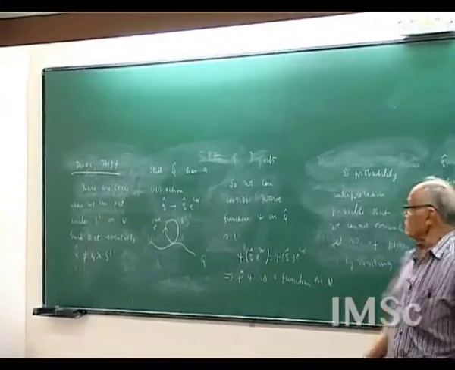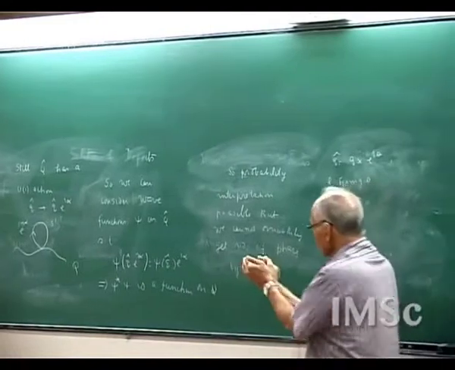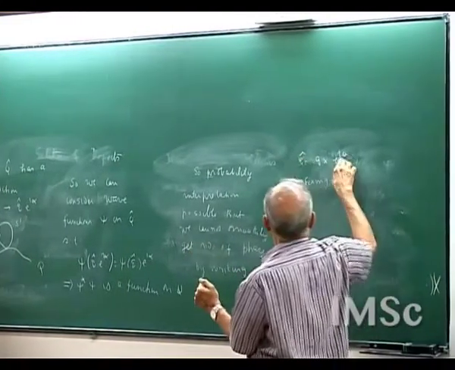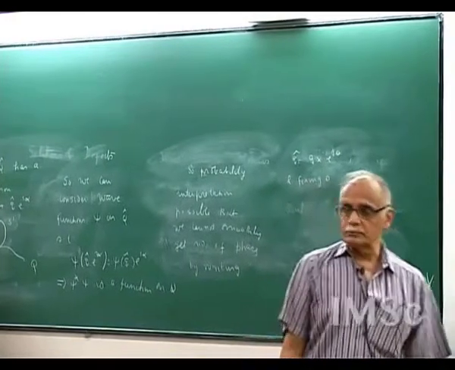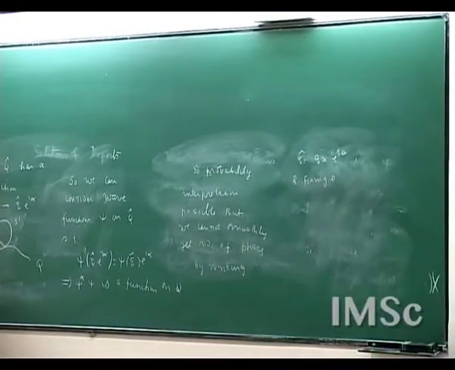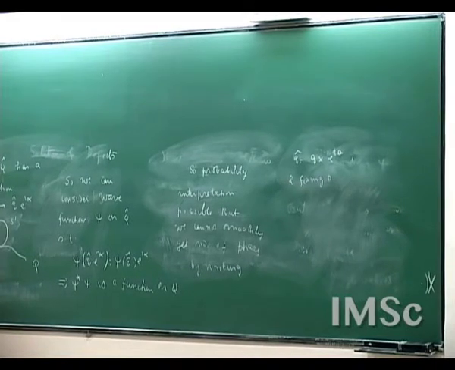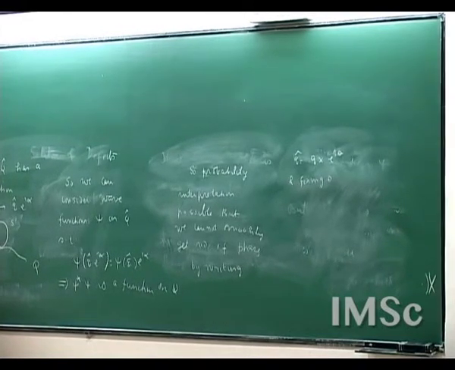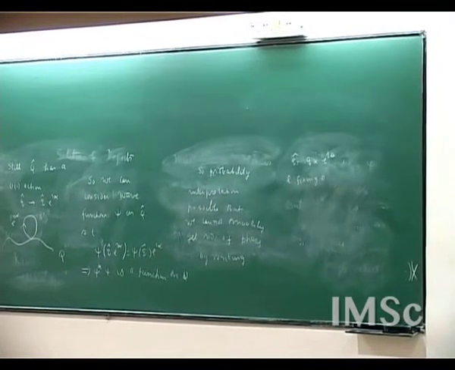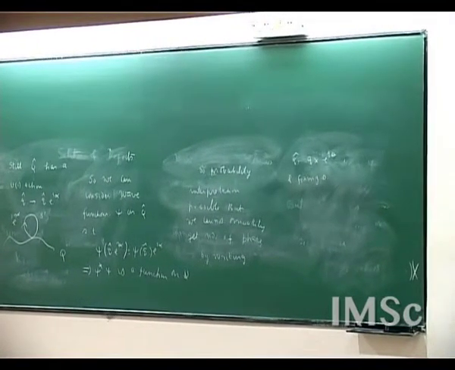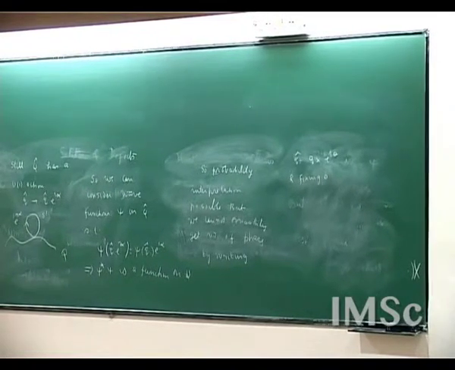If you try fixing this phase locally, you can do it in some small region, but suppose you try fixing this theta, you will find that you will get into singularities as you keep going. So you would end up with wave functions, vector spaces, which are no longer smooth functions, giving you an illustration of my previous remarks that wave functions are not really functions.